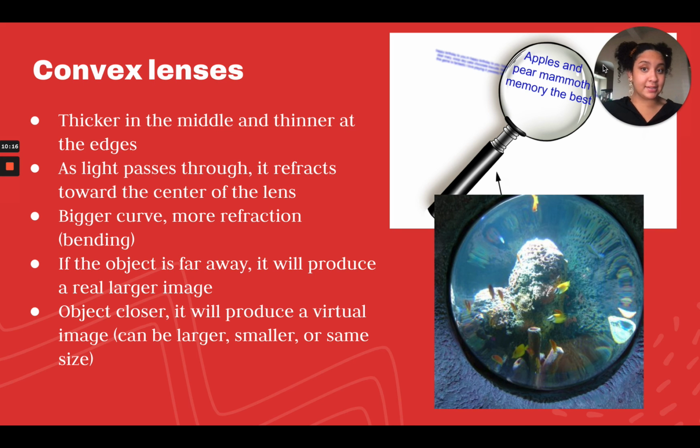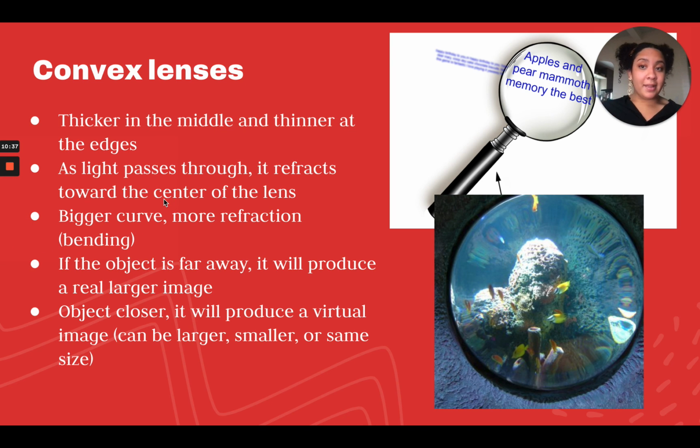Convex lenses are thicker in the middle and thinner at the edges. It's kind of doing the same thing as a mirror, but it's a lens, so you can see through it. A mirror, you can't see through. As light passes through the convex lens, it refracts, it bends towards the center of the lens.